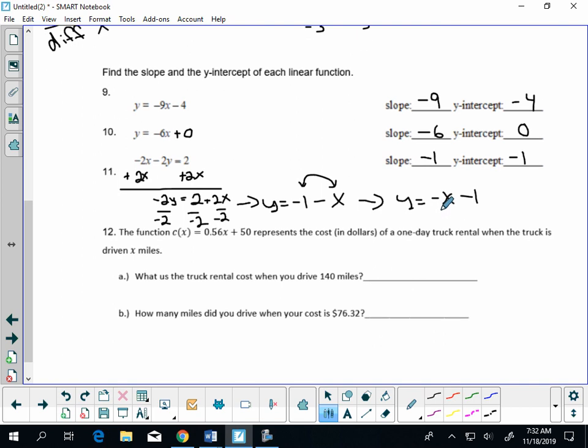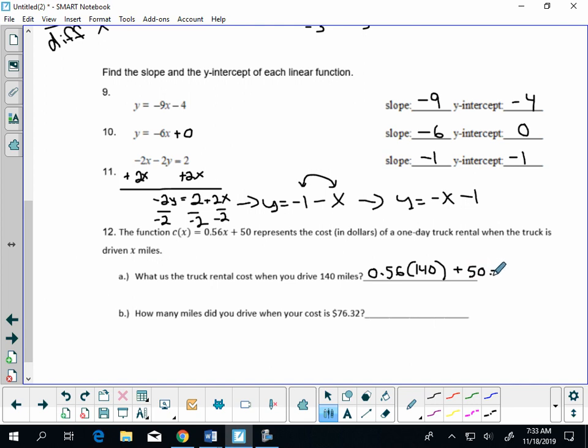All right, number 12. The function c of x equals 0.56x plus 50 represents the cost in dollars of a one-way truck rental when the truck is driven x miles. So this is my cost, c of x, and this is the number of miles, x. What is the total cost when the truck is driven 140 miles? Well, you're just going to take 0.56 times 140 plus 50.